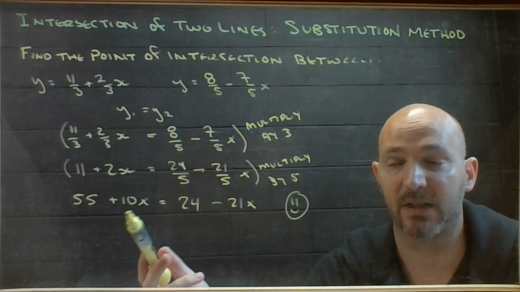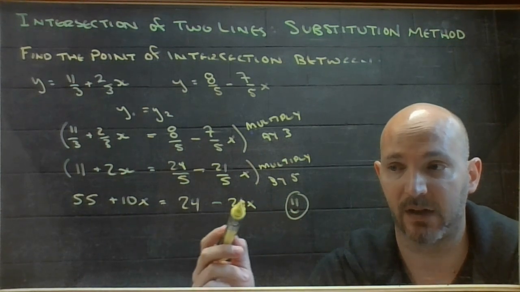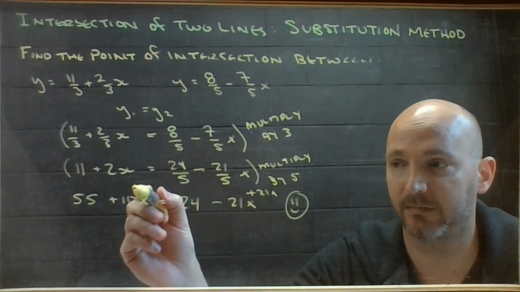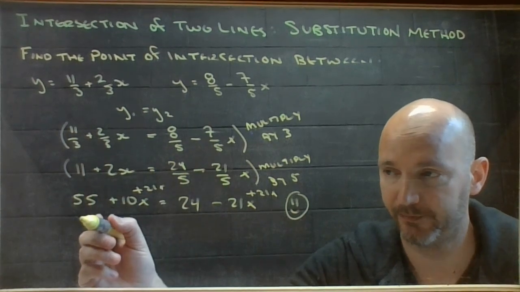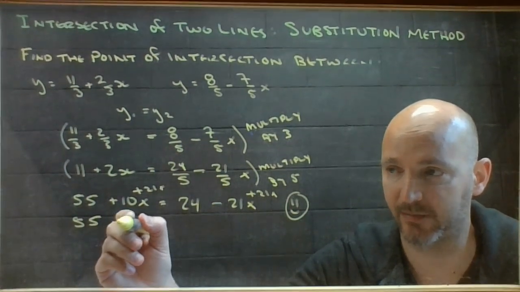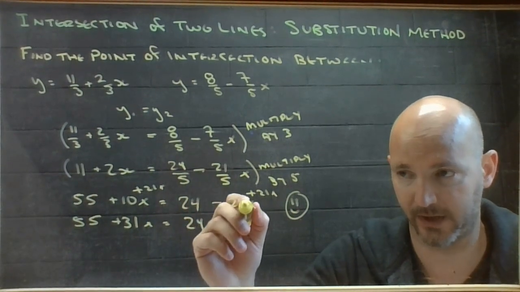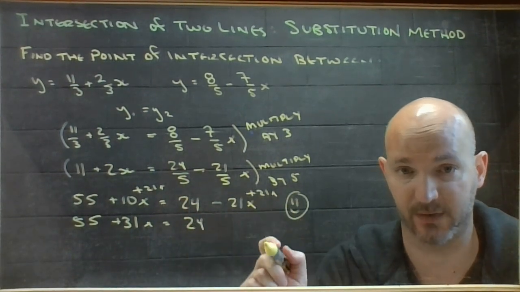So now I just have to get the x's together. So I have to bring this over here by adding 21 x's. It gives me 55 plus 31x. It's 24, and these two things undid each other, which was the point.